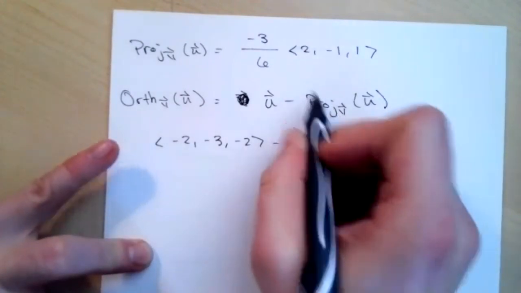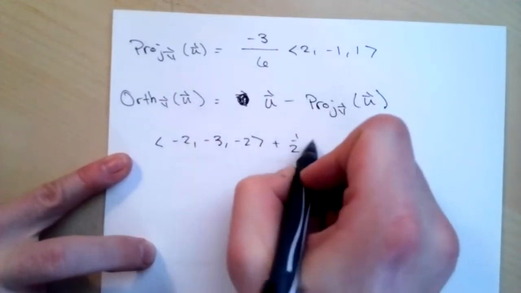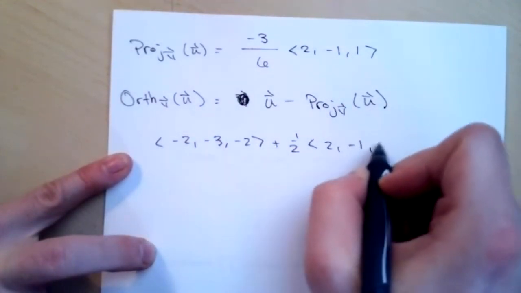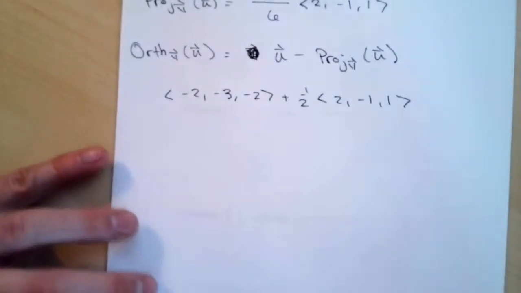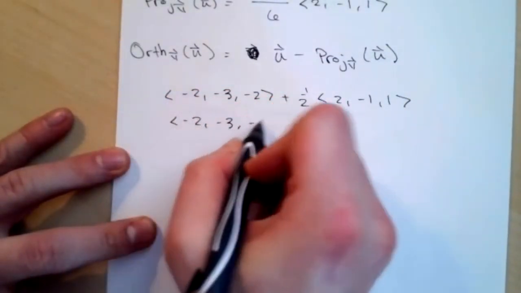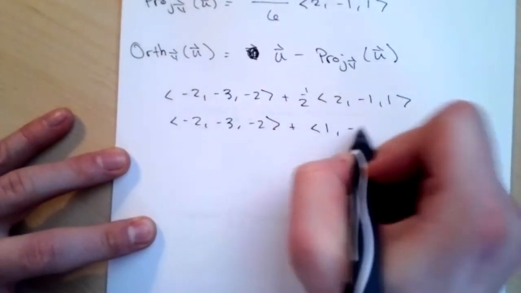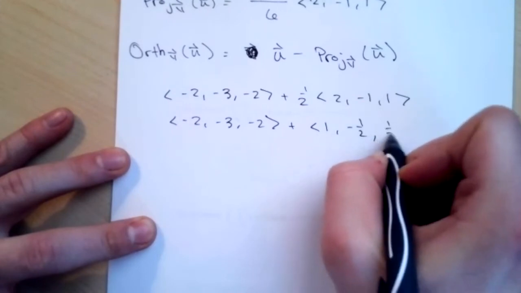And then we are subtracting off what we just found, which will be -1/2 times ⟨2, -1, 1⟩. Numbers aren't too bad. A little bit of fractions here. So ⟨-2, -3, -2⟩ plus ⟨1, -1/2, 1/2⟩.